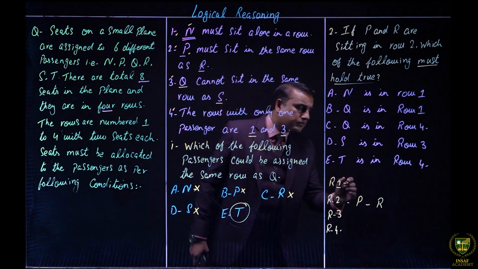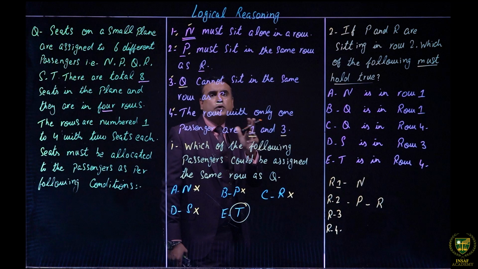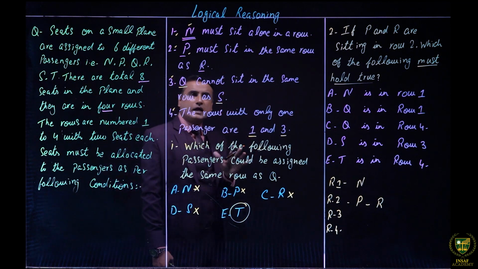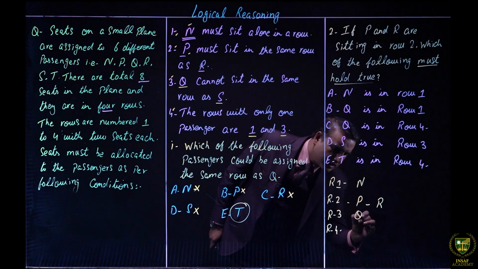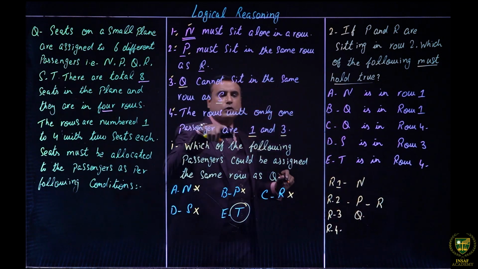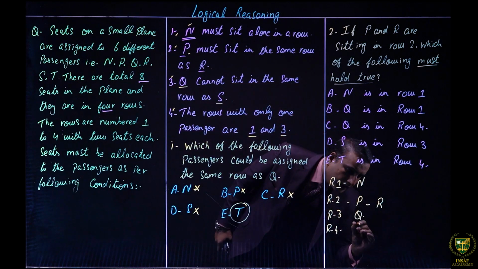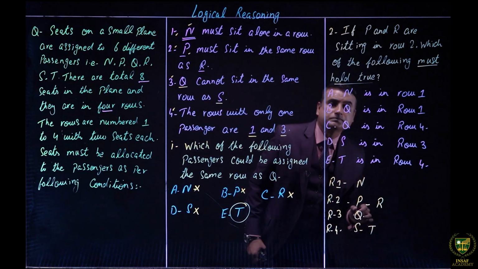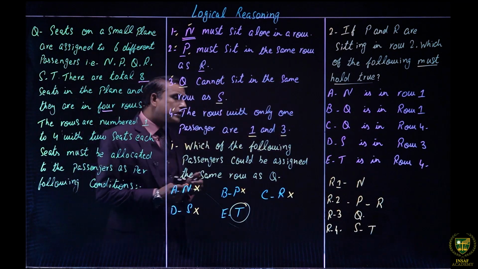Now N is in row 1, and we know that Q cannot sit in the same row as S. So where will we seat Q? Because we have only rows 1 and 3 that can contain one passenger. So what will we do with S and T? They will be at row 4.